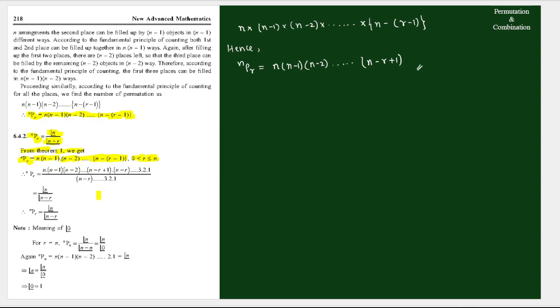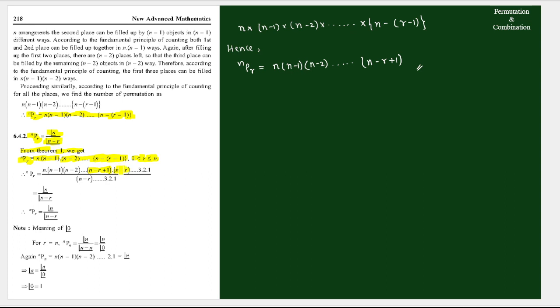Now we will do one trick here. Up to here it is fine. If you break it, you will get n minus r plus 1. Now one less than plus 1 will be n minus r.